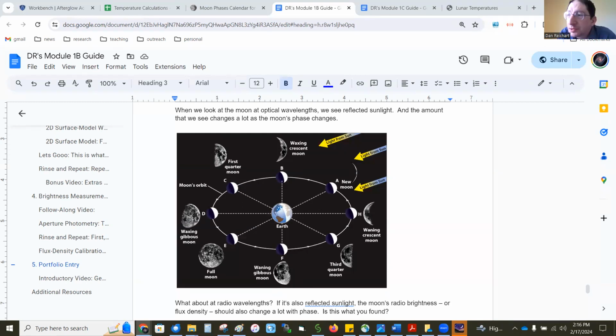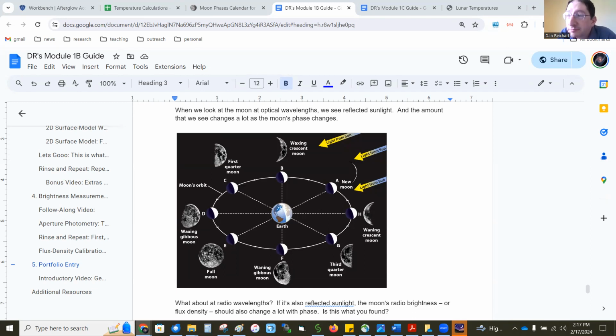Okay, so you've made two measurements of the brightness of the moon at two different dates when the moon had very different phases, different amounts of reflected sunlight. For example, suppose the phase dropped from 100% during your first observation to 50% during your second observation. If so, did the radio brightness of the moon also drop by a factor of 2?